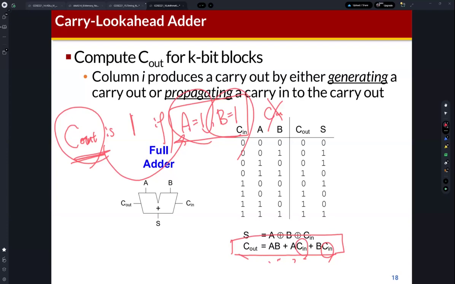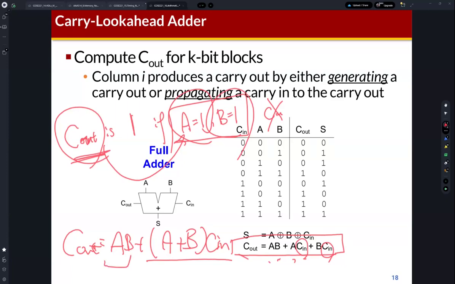If we rewrite this equation, C out is AB plus (A plus B) C in, right? If we just see this term, if A is 1 and B is 1, then C out is generated regardless of C in.